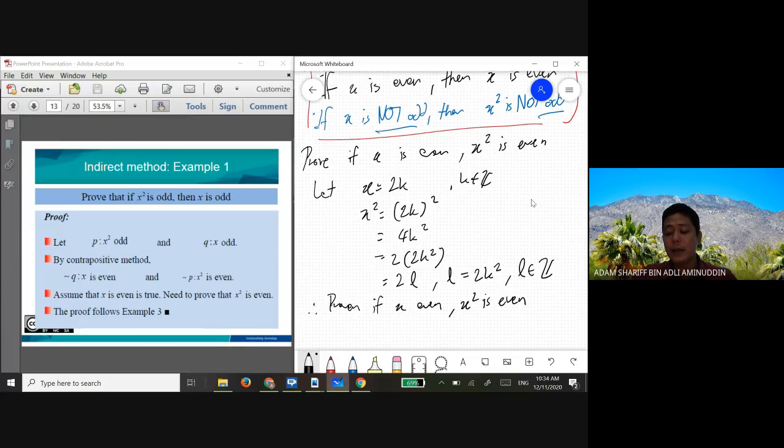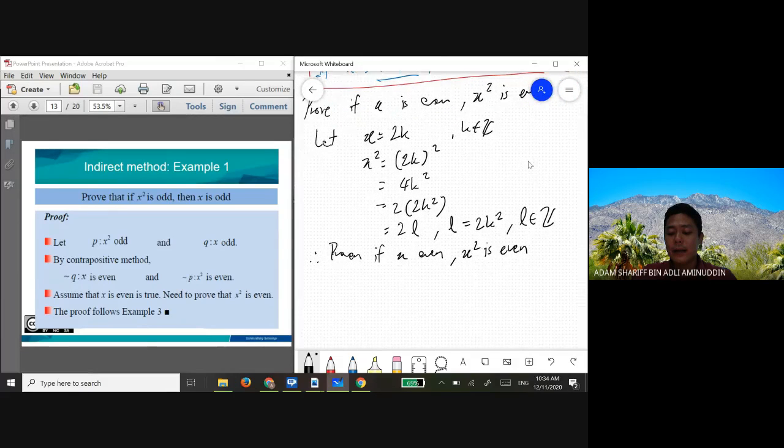Okay, because if x is even, x squared is even is proven to be true. Actually, at the same time, you also prove that if x squared is odd, then x is odd because it is logically equivalent. So there are two conclusions that you can see here. First of all, if we want to prove that if x squared is odd, then x is odd, we cannot use the direct method because it's not convincing.